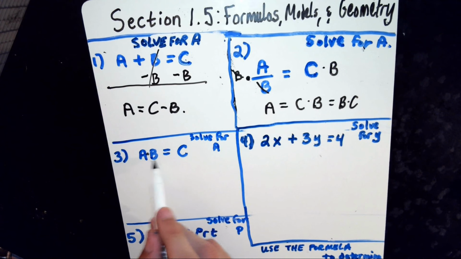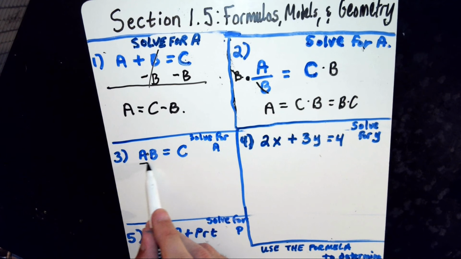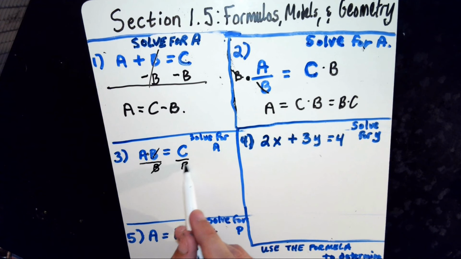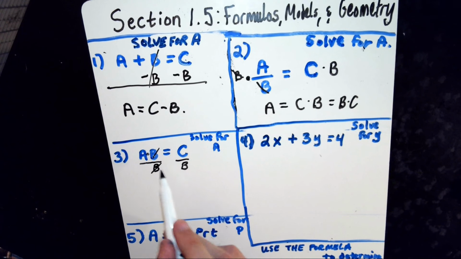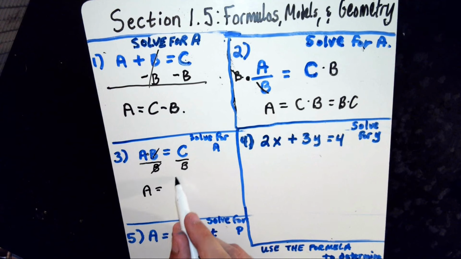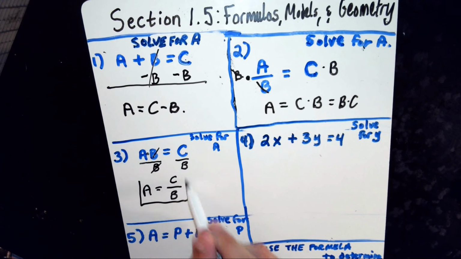Here, we've got a multiplication problem, so we need to divide. So to get a by itself, we really need to divide both sides of the equation by b. So this side and this side. And after doing that, we get a equals c over b. Awesome.